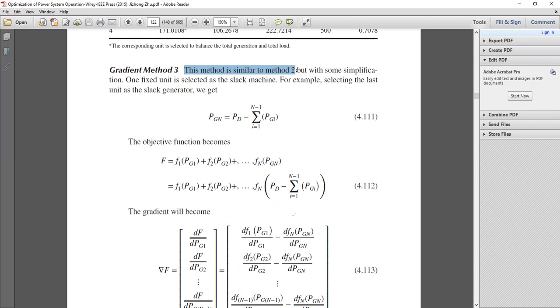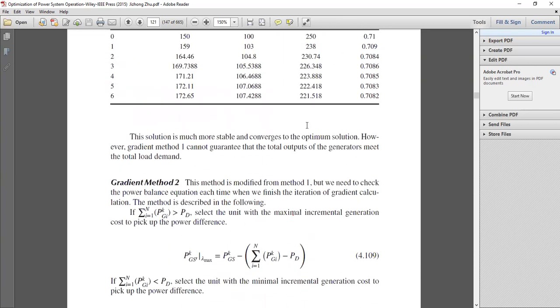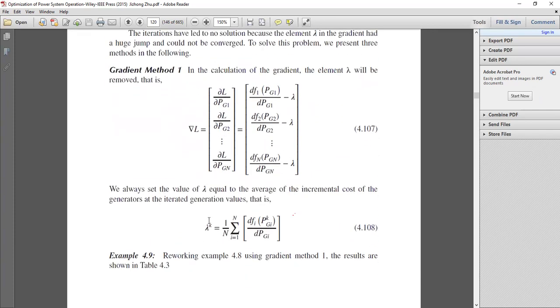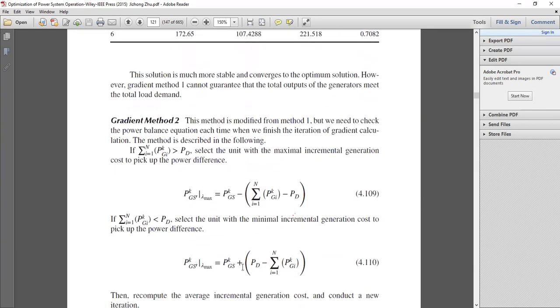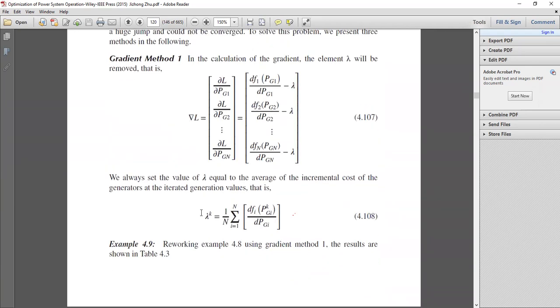So the lambda calculation will be done actually by this. Okay. I mean, you don't have to update lambda because of this. Lambda has to be calculated only once, and the average lambda has to be taken.